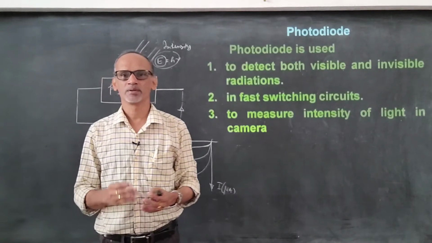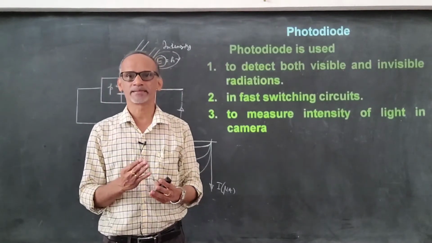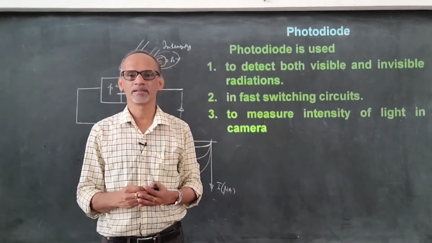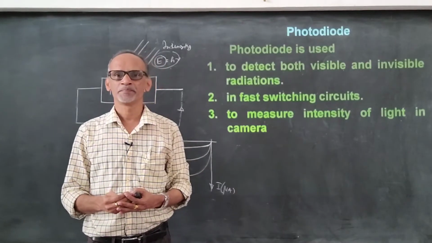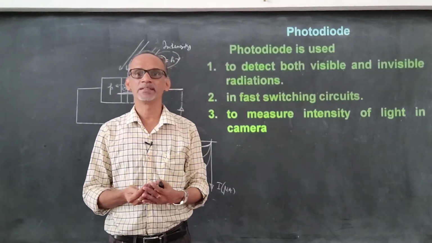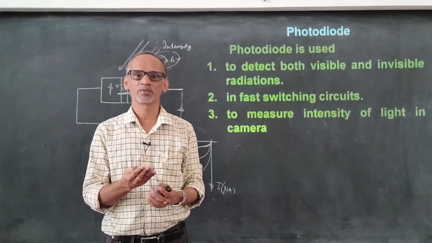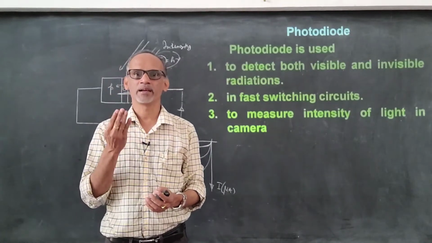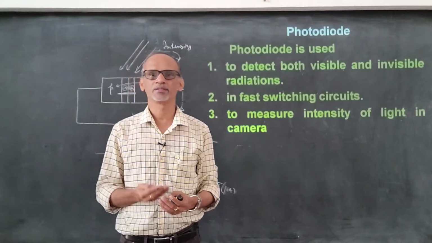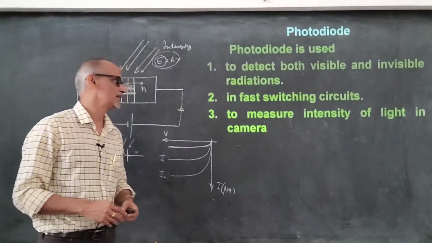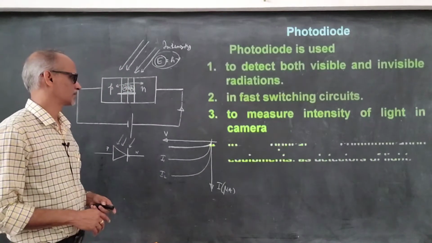With auto flash, it will detect the light and then the flash gets activated. You can even see the option of automatic variation of the intensity of the screen. There is a photodiode that detects the intensity of the light, and accordingly the intensity of the screen changes. Therefore, it is a highly used device in cameras.